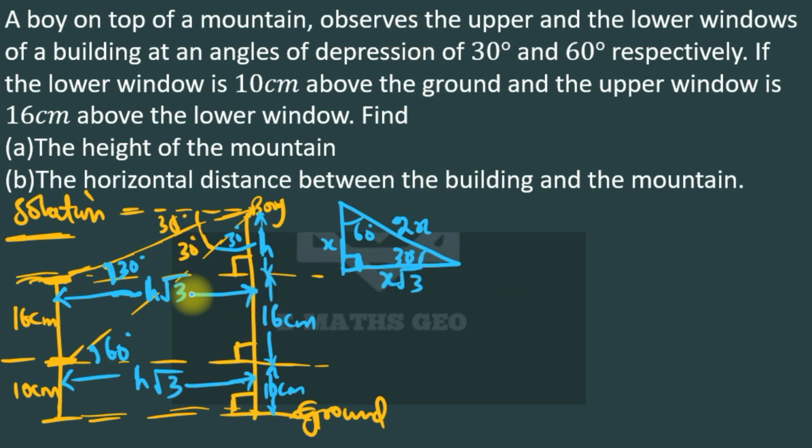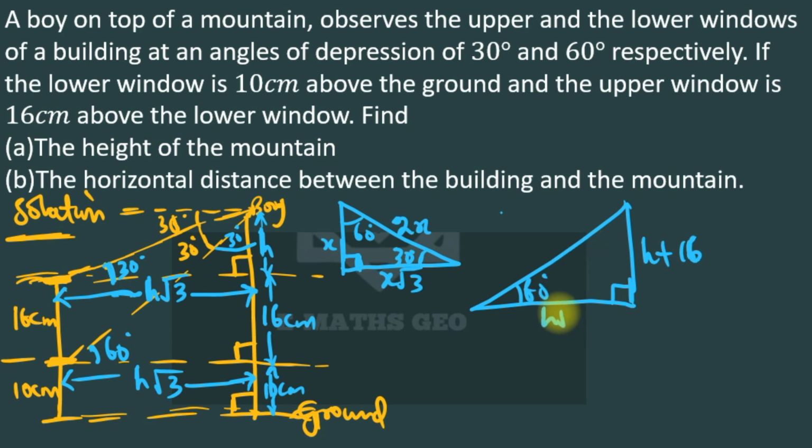So we now have a triangle that is like this. Here is 60. Here is H plus 16, while here is H times √3.